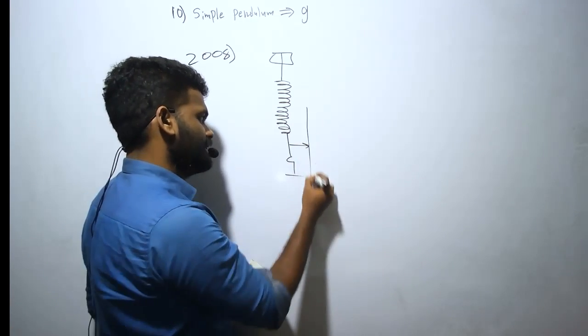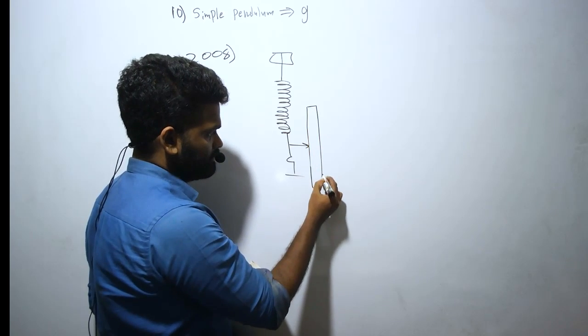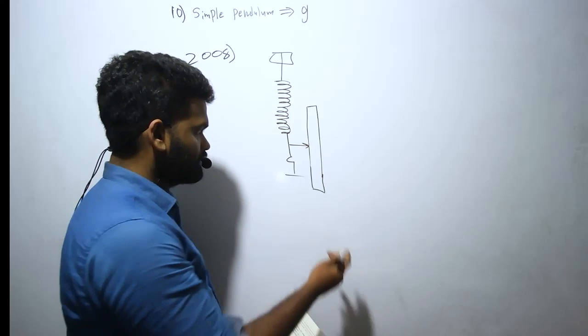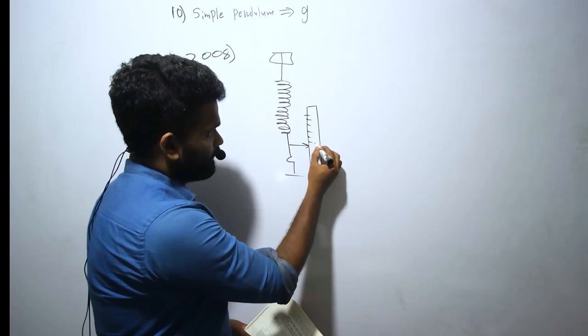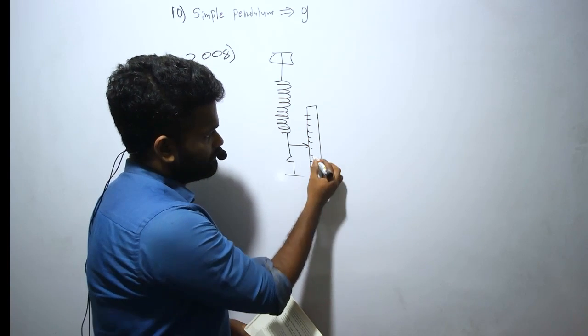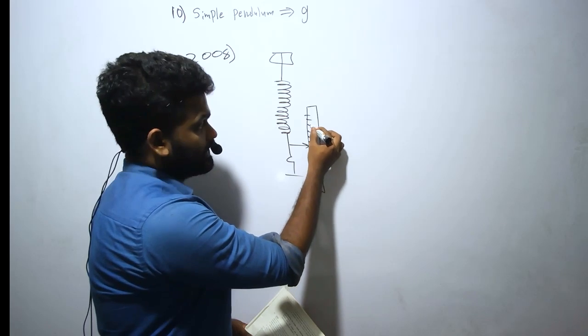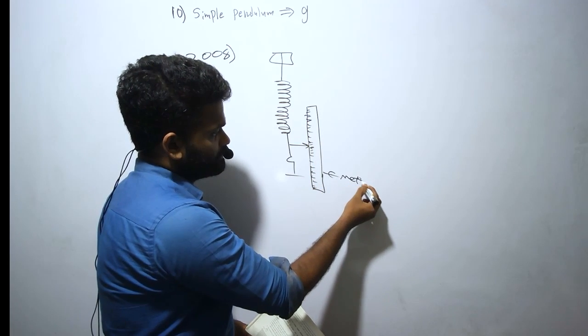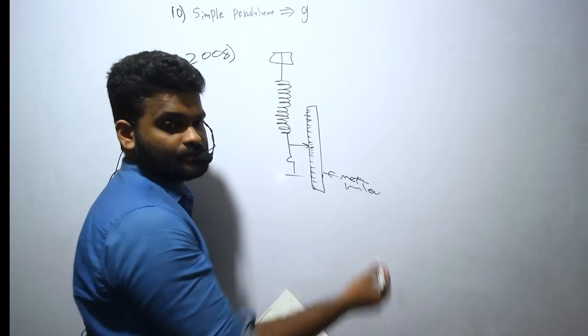It's placed like this, right? So this is the meter ruler. Mark these calibrated marks. So this becomes the meter ruler. Okay, so that is what you have to draw.